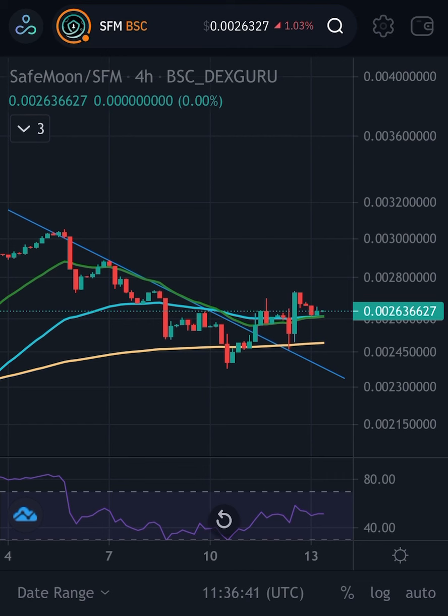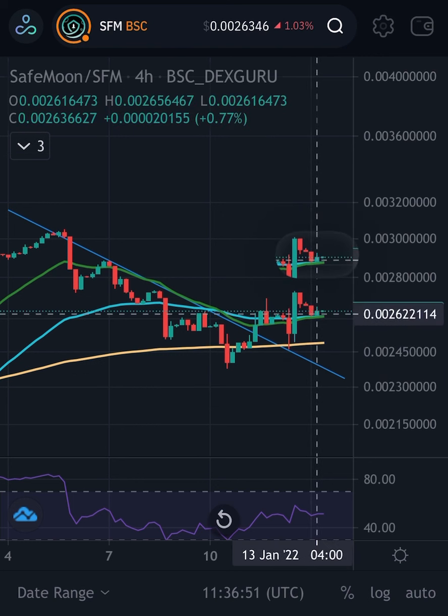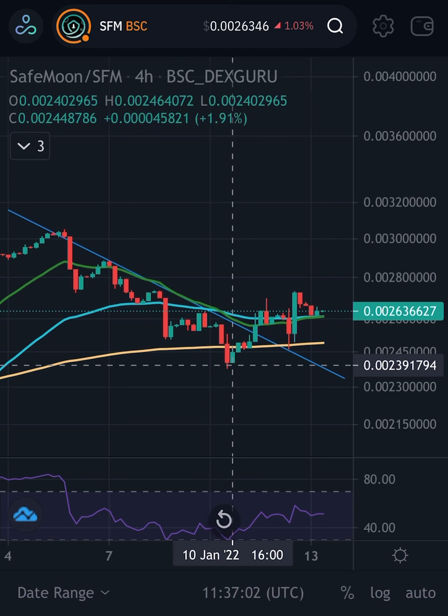So we are currently trading back above all moving averages. We are sitting right above the 50 moving average, as well as the 21 moving average at 260. So I think we are on our way back, as long as we are making higher highs. This is the lower low.